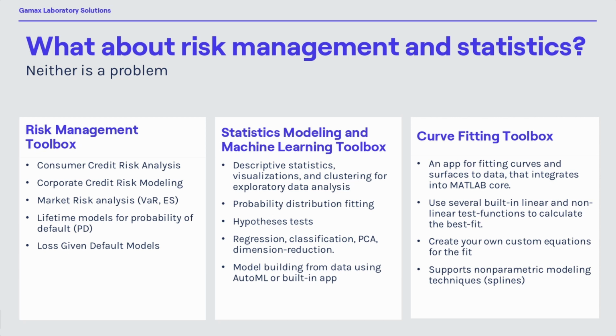The second part is the Statistics and Machine Learning Toolbox. This toolbox contains the most basic descriptive statistics tools, so means, covariances, standard deviation, and so on, visualizations, and clustering for some exploratory data analysis. It also offers the option to fit a probability distribution to your data.